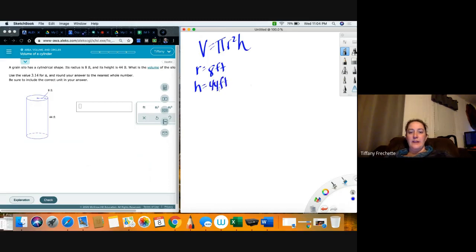So we're given that information. So we're just going to start plugging in. Volume equals pi r squared. Remember, each one of these has feet and feet, so I already have feet squared, times 44, another feet. So at the end, that's why it's going to be feet cubed. I have feet times feet times feet. 3 feet means feet cubed.